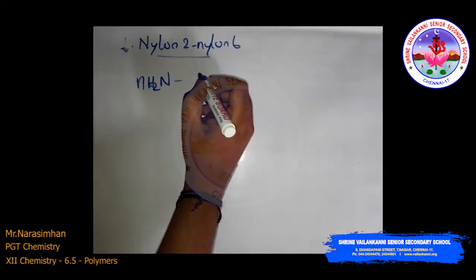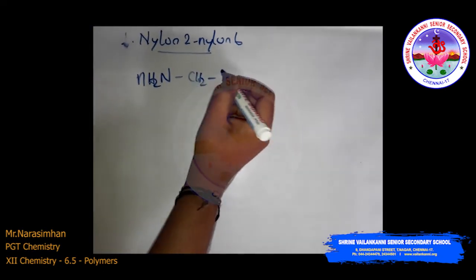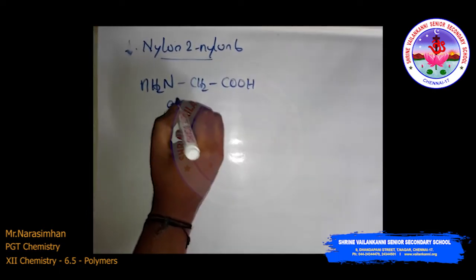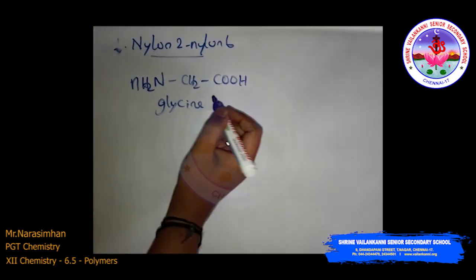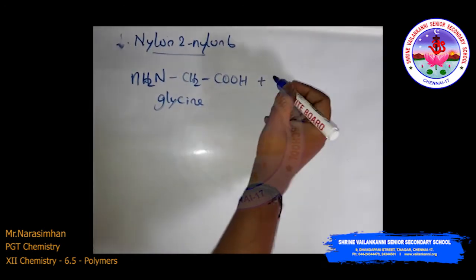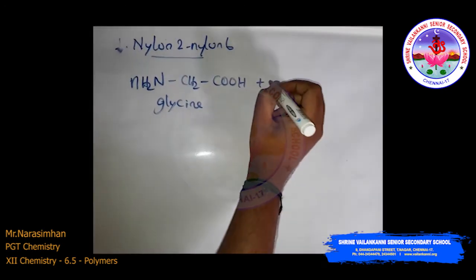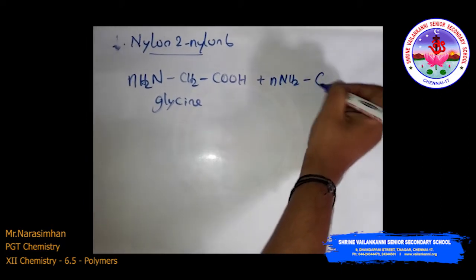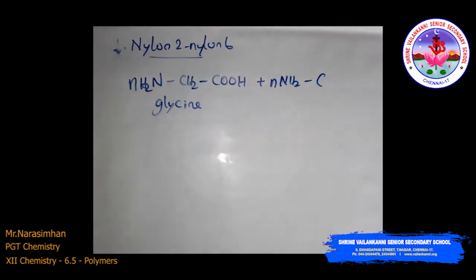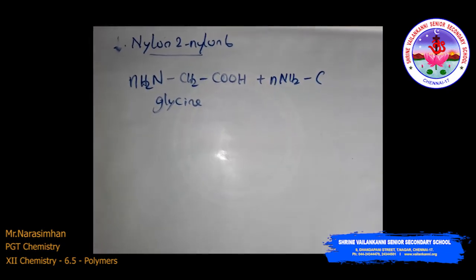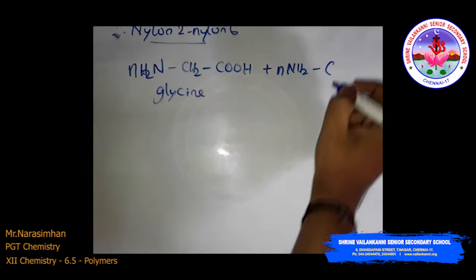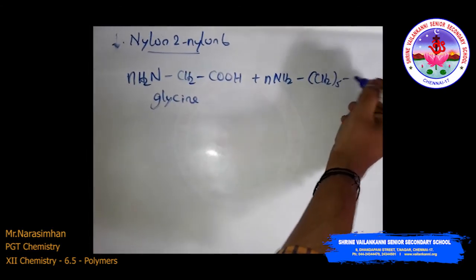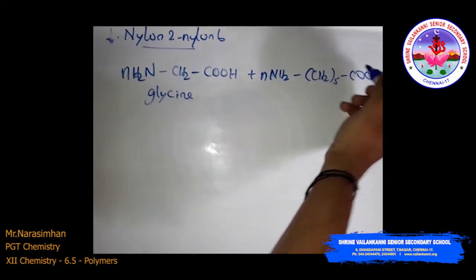This is glycine, NH2 CH2 COOH. Glycine reacts with amino caproic acid, NH2 (CH2) 5 times COOH.